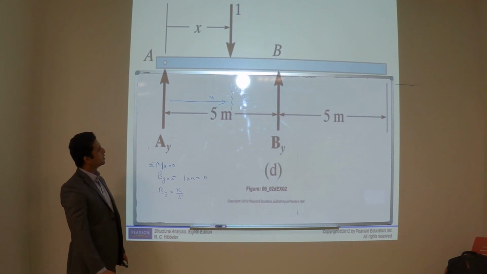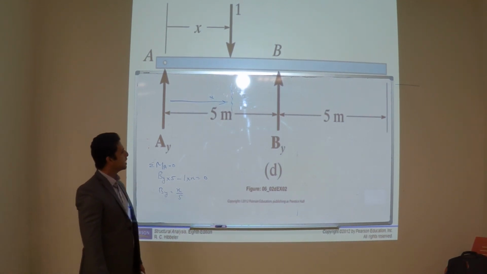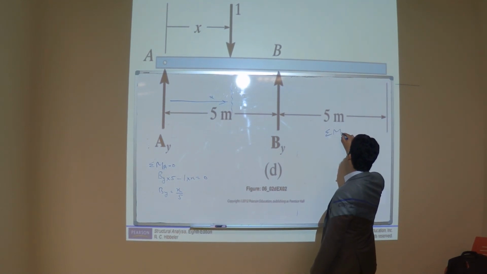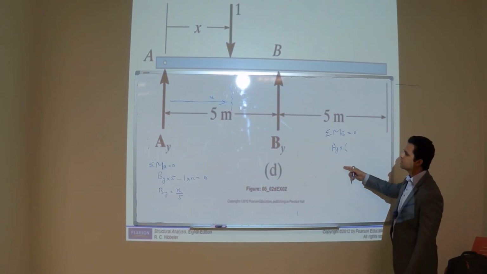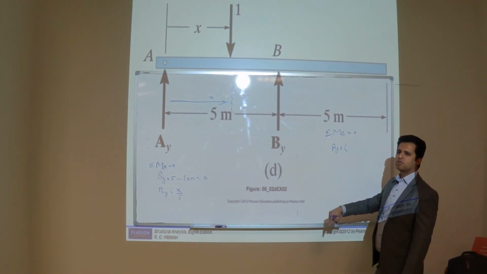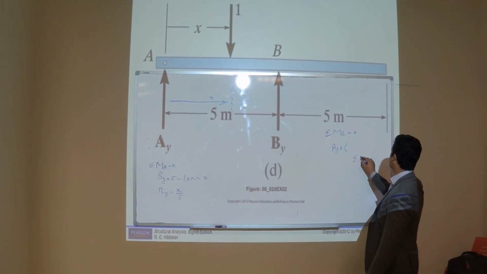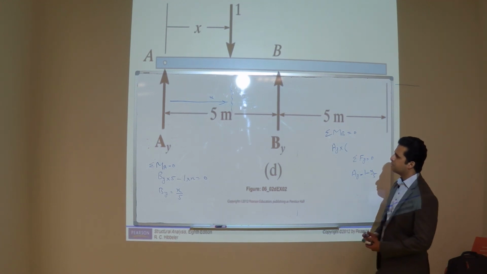And let's make a function for AY. So let's take moment at point B. It will be AY into 5 minus 1 into (5 minus x) equals 0. If you go for sigma Fy equal to 0, AY will be 1 minus x over 5.